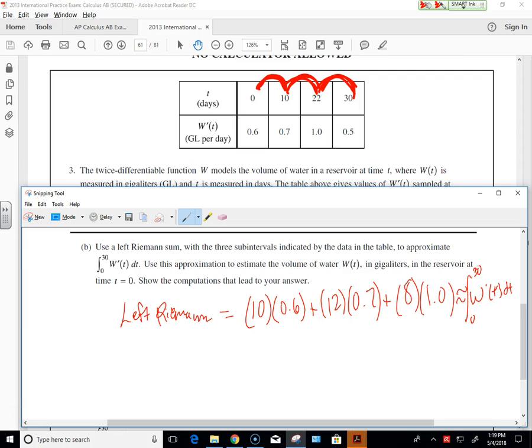Use this approximation to estimate the volume of water W of t in a reservoir at 0. At 0? I think they want a final given an initial. Oh. Isn't this integration as net change? Set up your formula.